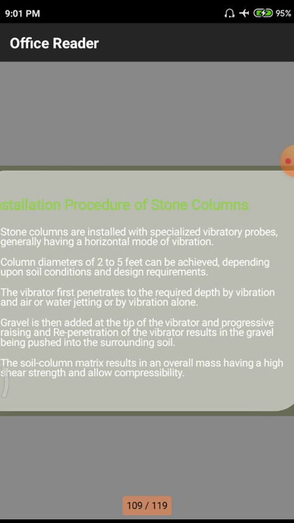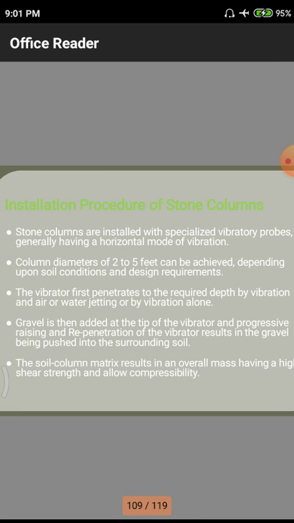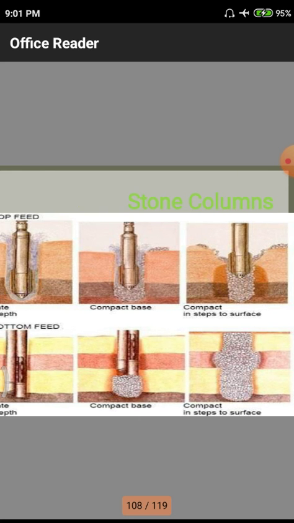Gravel is added to the tip of the vibrator, and progressive raising and repetition of the vibrator results in the gravel being pushed into the surrounding soil. Normally this gravel is poured on a particular soil so that there may be some amount of compaction, which will be shown in this red portion.